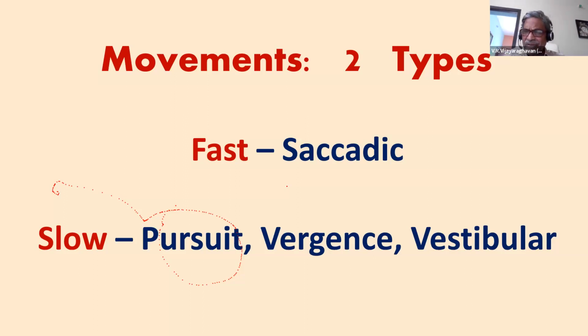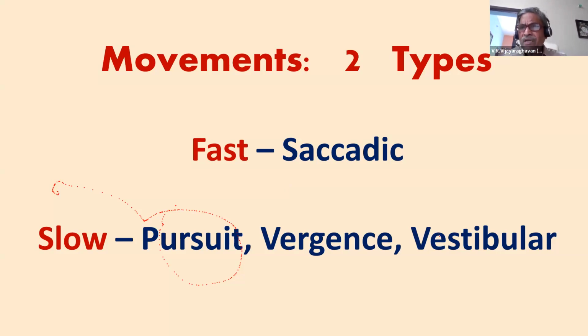And you know why? Everyone knows that. You might have studied it at undergraduate level itself. When you inject cold water into the ear, or when you inject warm water into the ear, some changes take place in the eye. Cold water, opposite. What do you mean by that? There is a fast movement, and you always state the direction in terms of the fast phase. The clue is COWS.